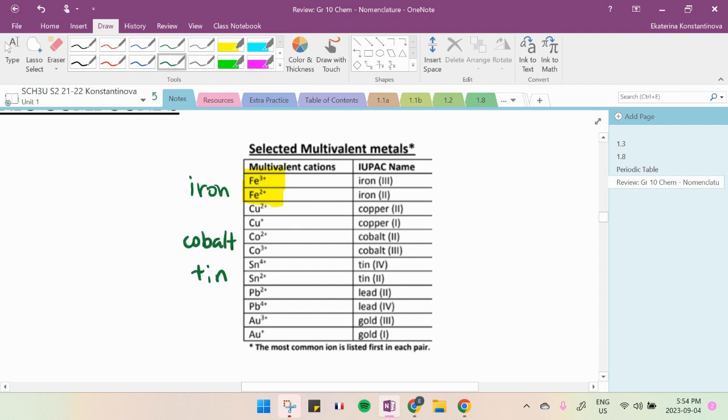Cobalt, copper, Pb is lead, and Au is gold. Okay, there are more multivalent metals, however, those are the most common. What you notice for these multivalent metals is they are the same element, but they have 2 different charges. So for example, iron can have a charge of 3 plus or 2 plus. So how can we differentiate between iron 3 plus and iron 2 plus when we're naming?